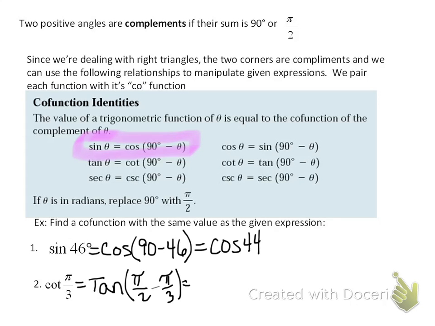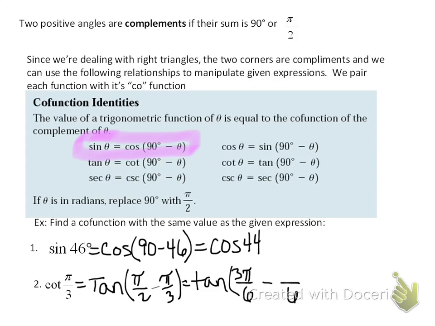All right, so how do I subtract fractions? Same denominator. So the common denominator here would be 6. So pi over 2 is equal to what over 6? 3 pi.